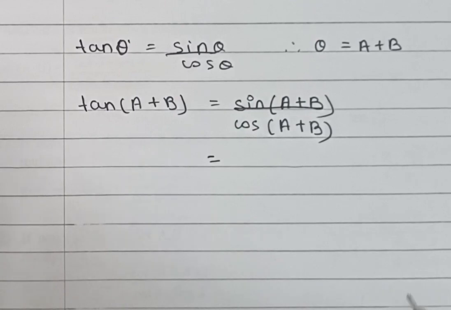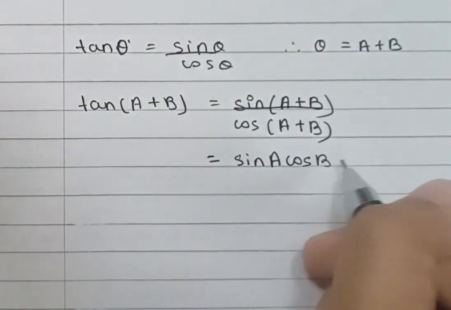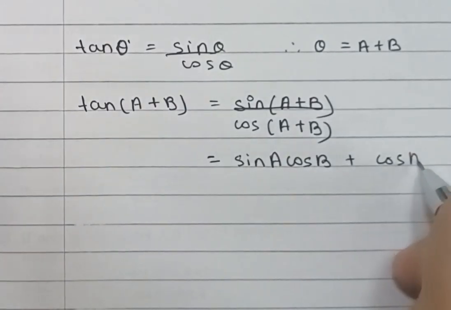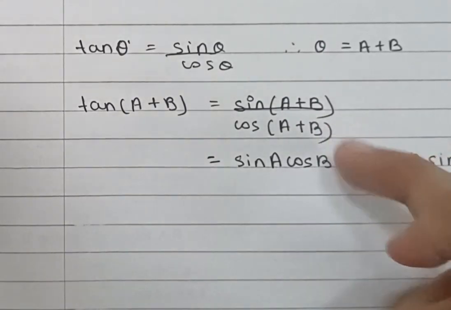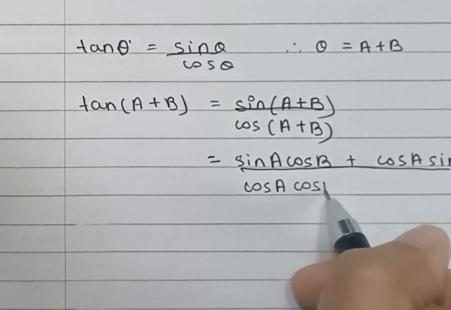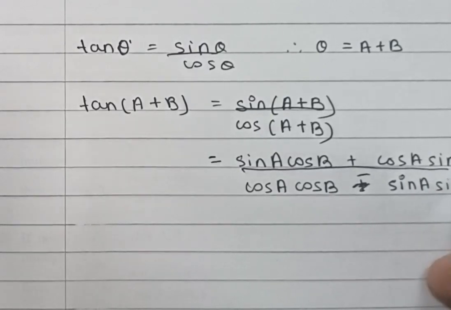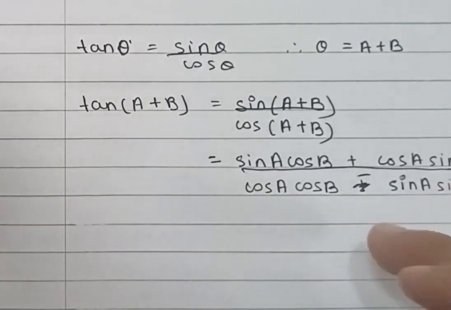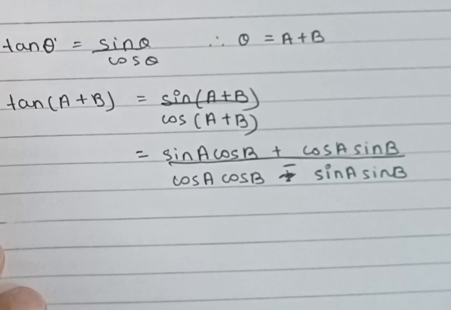So sine of A plus B is nothing but sine A cos B plus cos A sine B, and cos of A plus B is nothing but cos A cos B minus sine A sine B. So you should not do the mistake of sign. It is minus, it is not plus. You will have to remember that. And now what we have to do here, there is a trick.